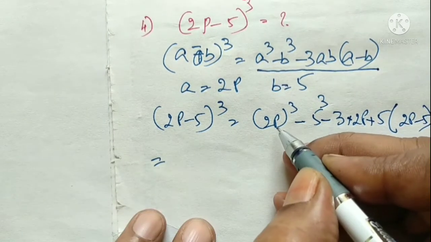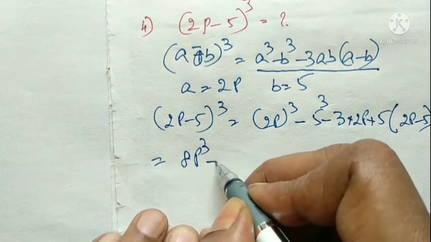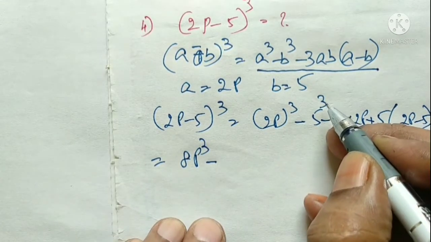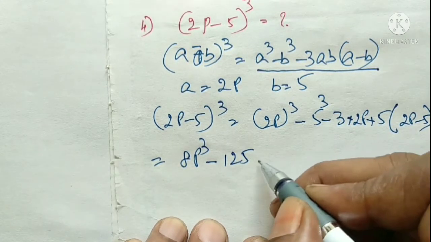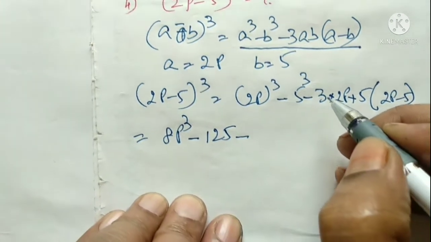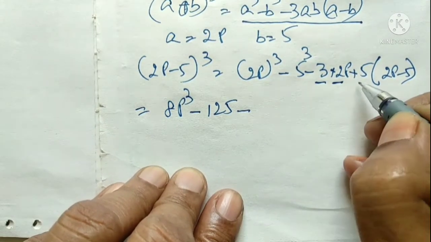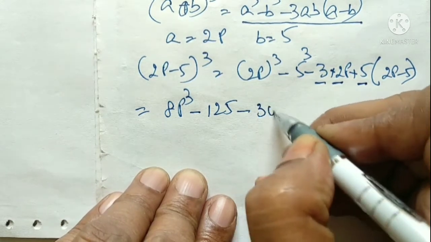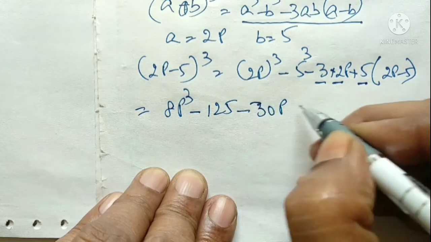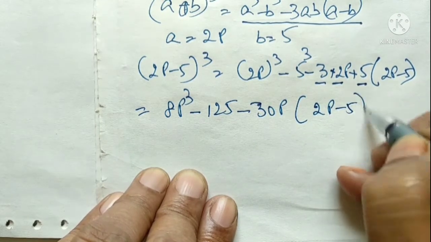This value is (2p) cube, which means 8p cube, minus 5 cube, which means 125, minus 3 times 2 is 6, 6 times 5 is 30, 30p multiplied by (2p minus 5).